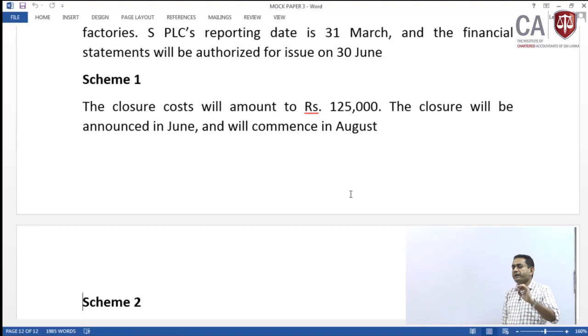Also, there has to be a constructive obligation by announcing or communicating the main features of the plan to the affected parties or by implementing the main features of the plan.